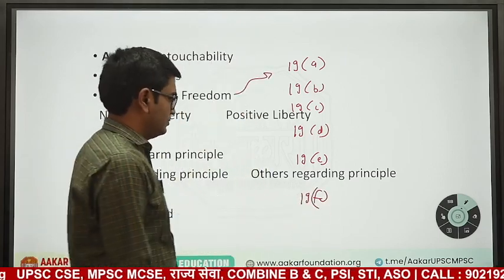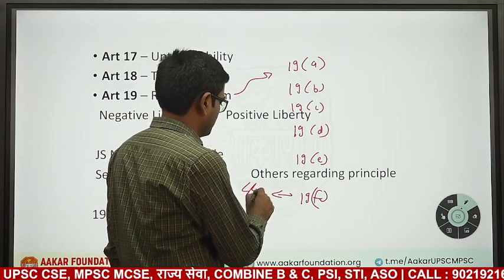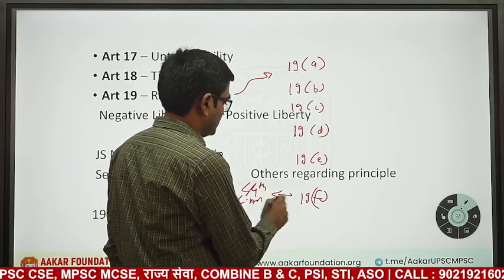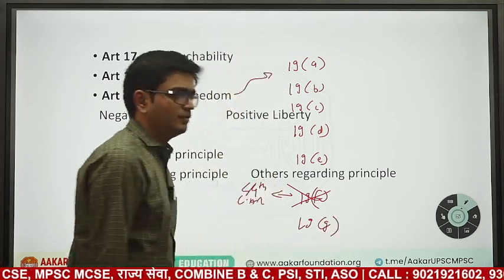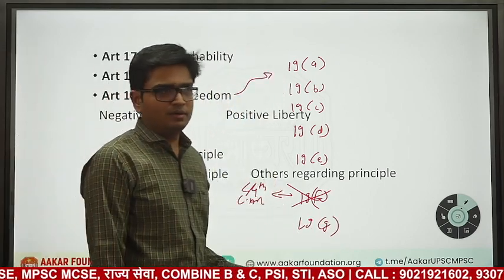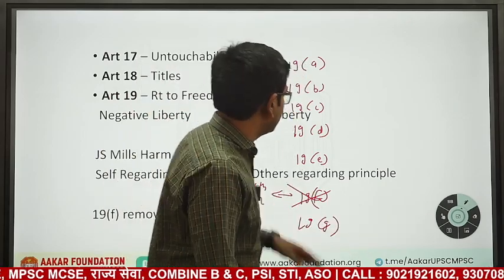This was removed by the 44th Amendment Act. Now we don't have this, but we have the next one, 19G, which is to carry on any business as we like. But there are some restrictions on this.